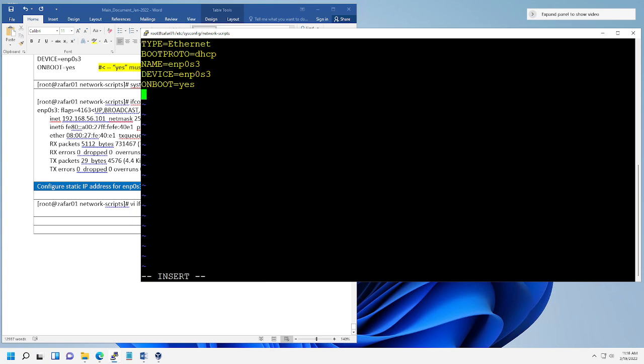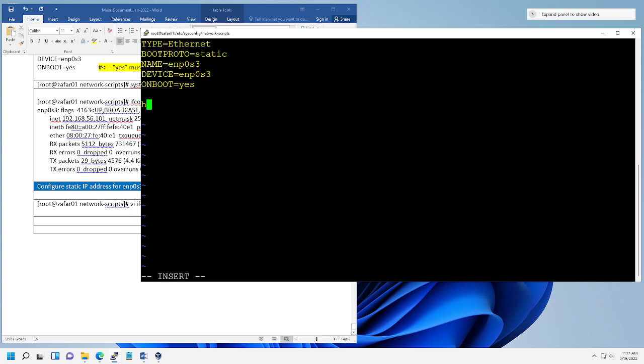Over here, the first thing I'm going to change: type I'm going to leave as is, and then the protocol. Now you're telling the system to use the protocol static. The device name is this, and ONBOOT yes, we need the system to come up on boot.